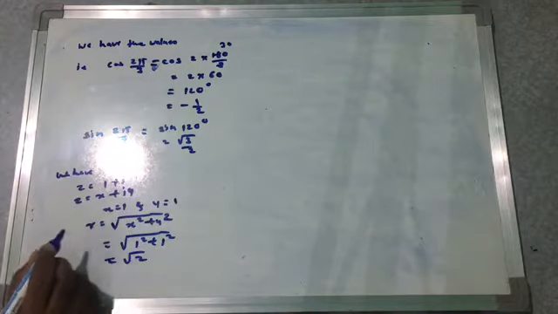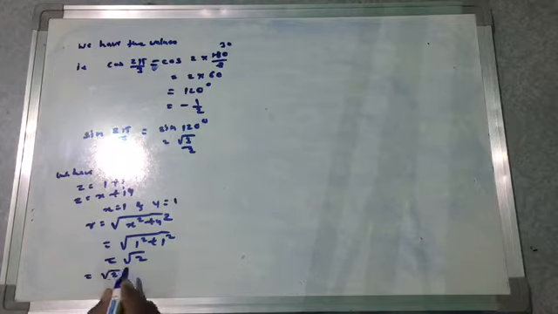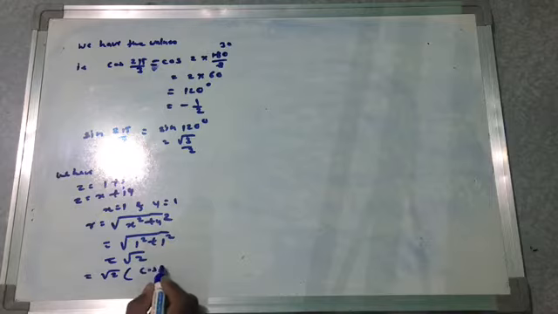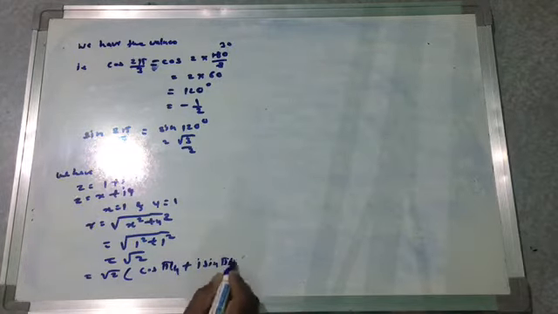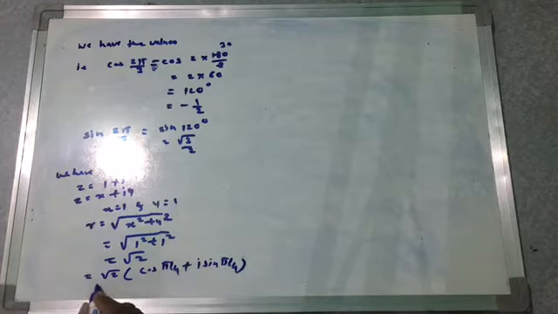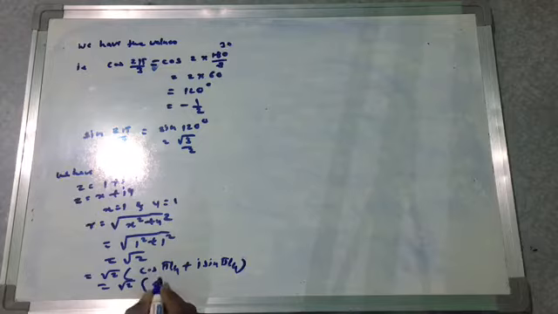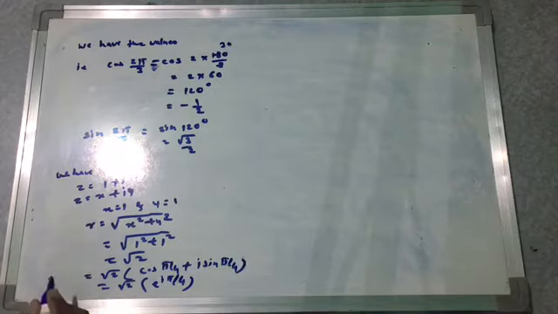So in this manner we have root 2 into cos pi by 4 plus i sin pi by 4. It is equal to root 2 into e to the power i into pi divided by 4. So this is the result.